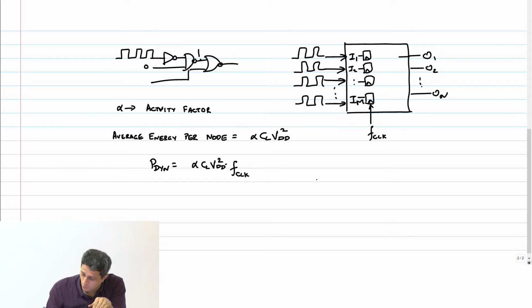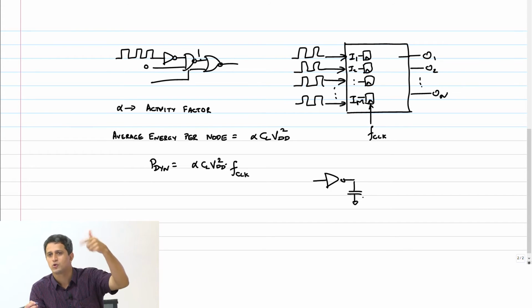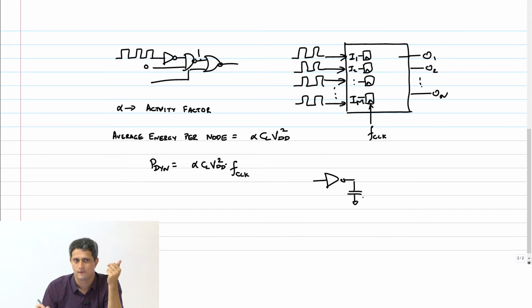So if I ask you what is the dynamic power of this inverter, well, the question is not complete. You have to tell me where I place this inverter, in which circuit and how, right? Then you have to tell me what its load capacitance is. You give me all this information, then I can say that for that particular node which has a capacitance CL, it's going to have a dynamic power of alpha CL VDD squared into F, right?